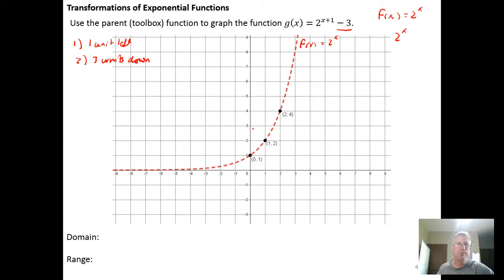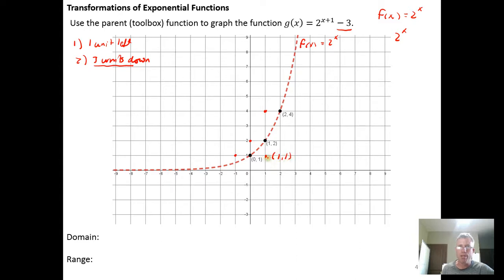All right, so let's go ahead and apply our transformation. So 1 unit to the left means take each lattice point that we have and move it 1 unit to the left. And then each lattice point gets moved 3 units down. So 1, 2, 3 moves 3 units down to the point 1, 1.